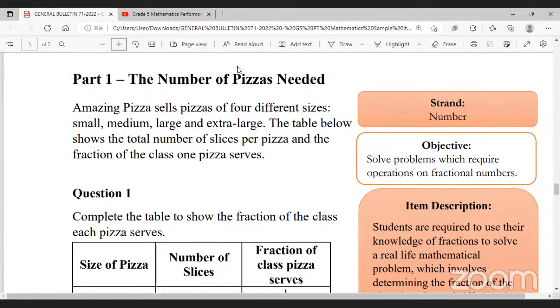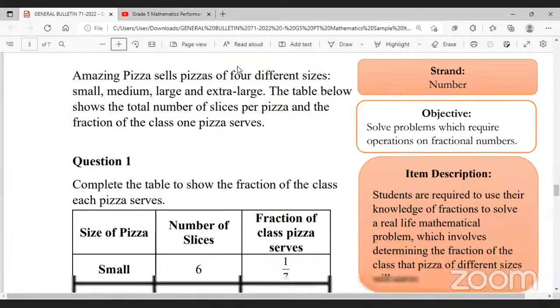In this question, you're going to be required to use your knowledge of fractions to solve a real-life mathematical problem, which involves determining the fraction of the class that the pizza of different sizes will serve.